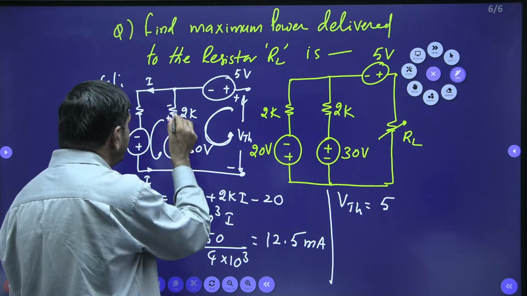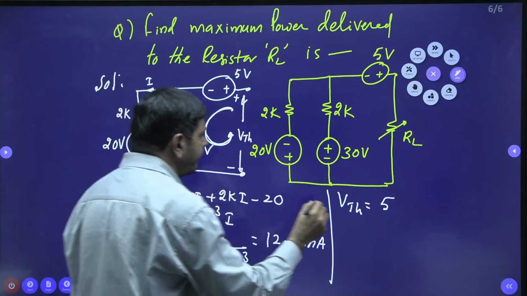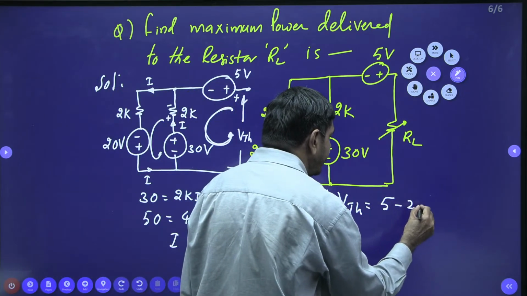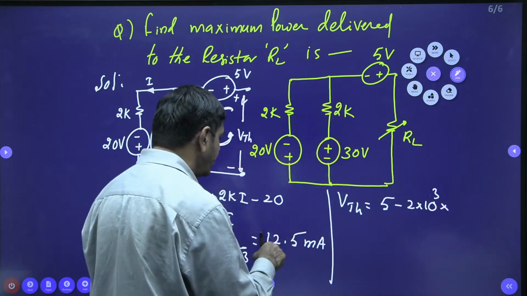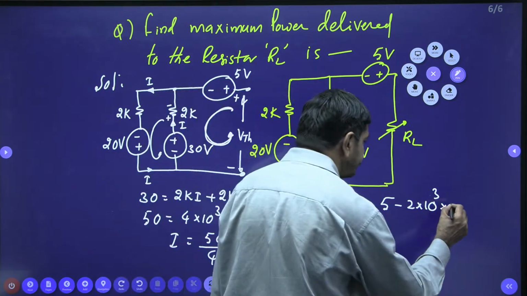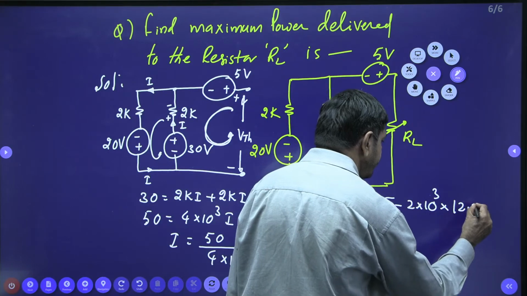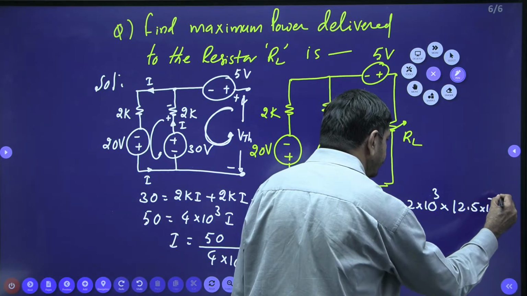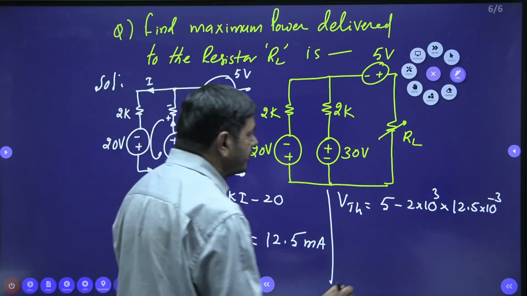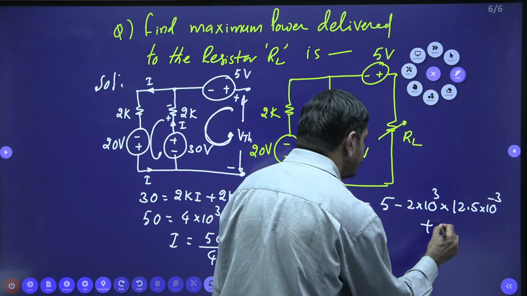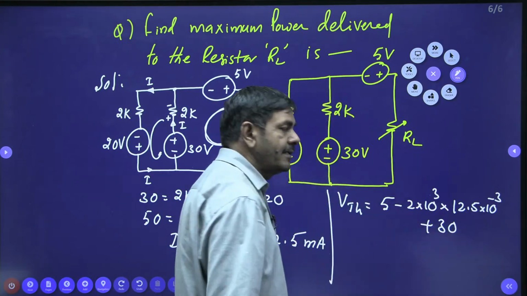Minus of 2K into I. K is nothing but 10 power 3, I is 12.5 milli. When you go down, plus 30 I get here.